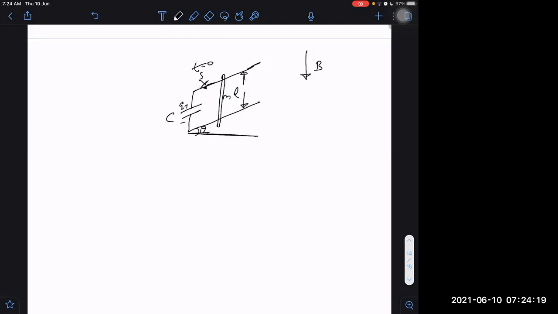I don't care what the extra length is because current will flow only through this length. Now you tell me what distance it will move or what maximum height it will rise to. Answer this question.